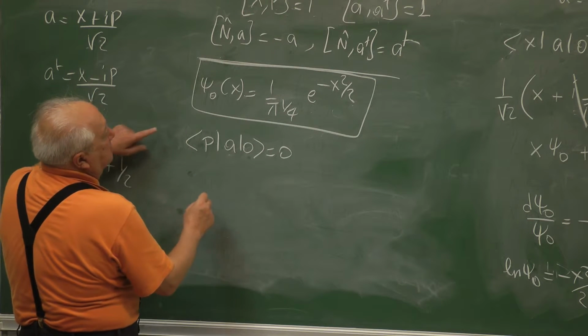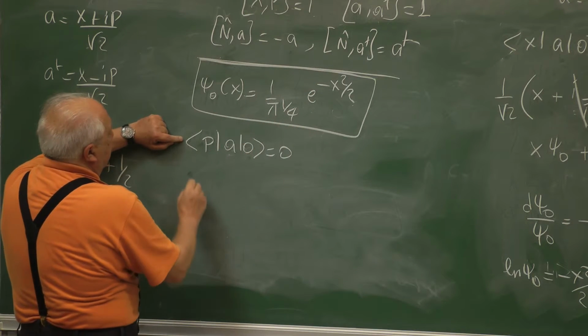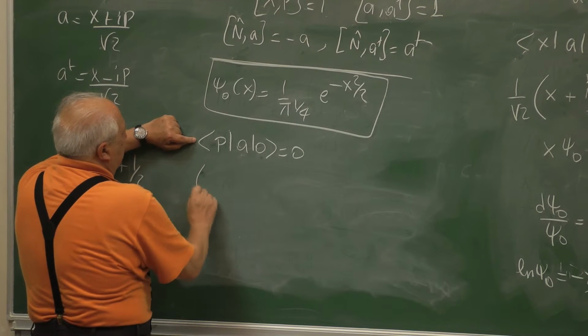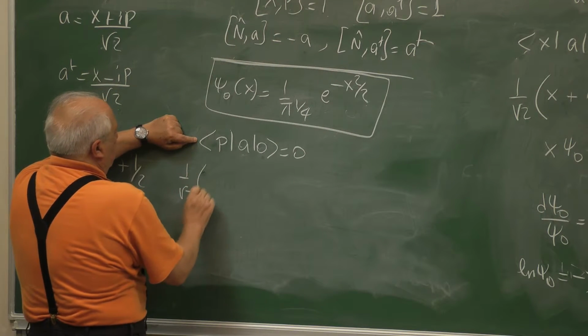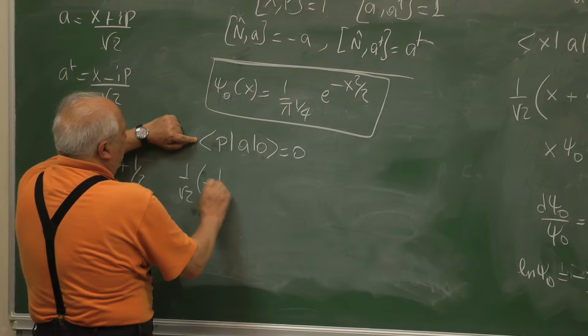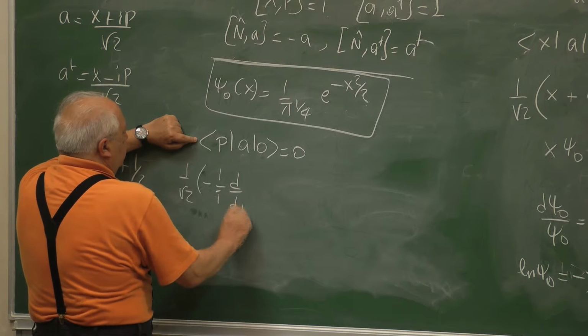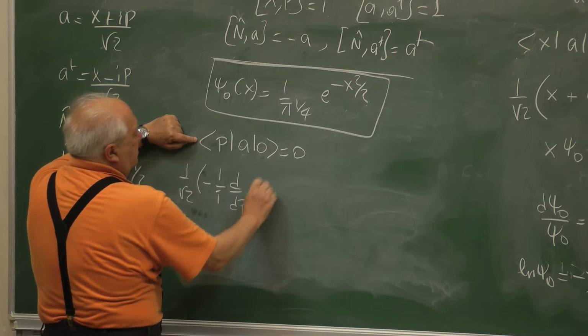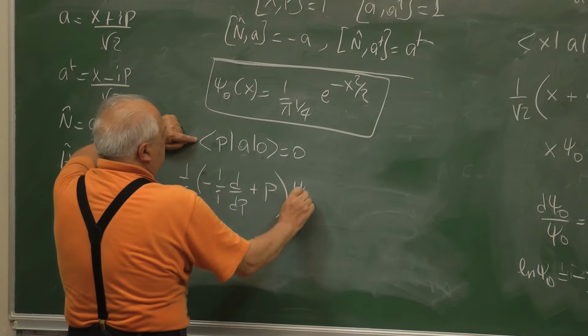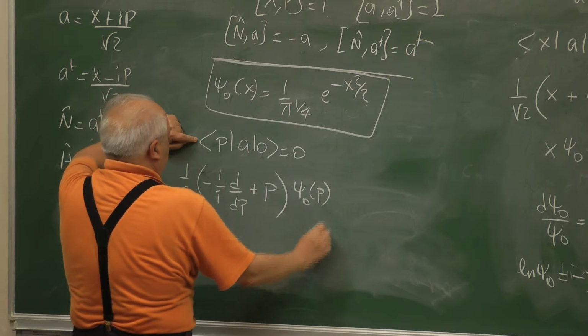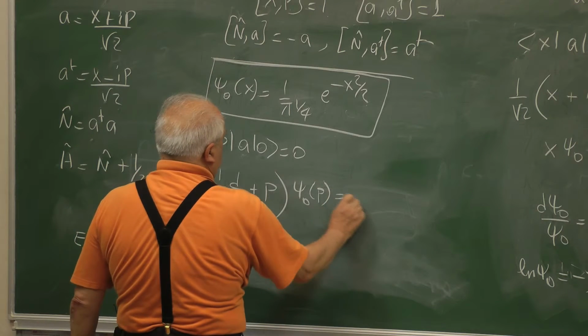So A is over there. So this is 1 over root 2 times minus 1 over i d by dp plus p, acting on psi 0 of p, is equal to 0.